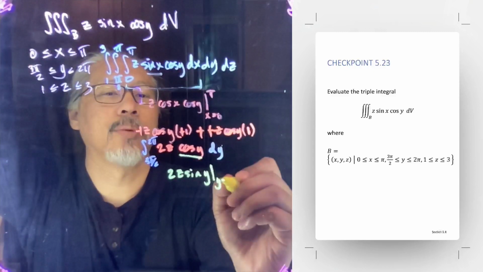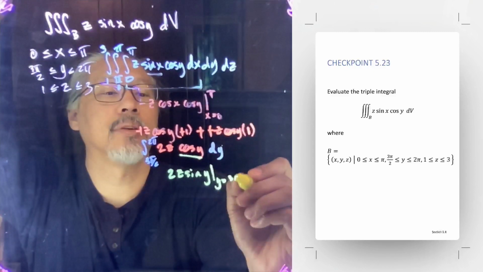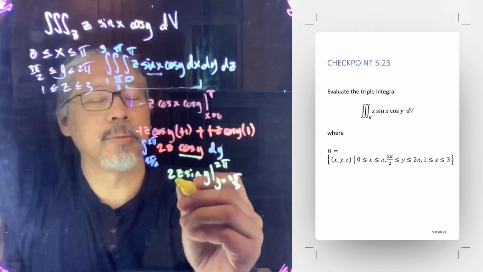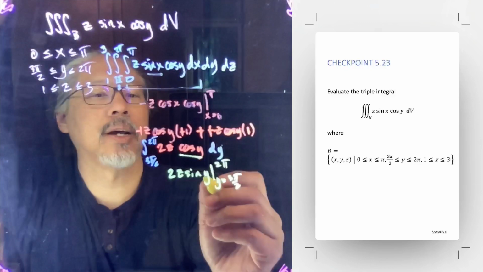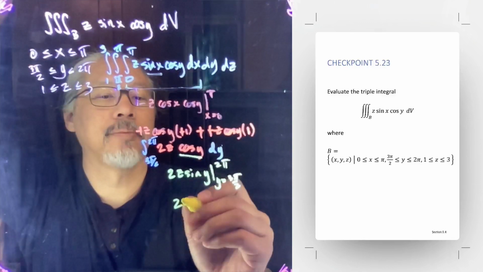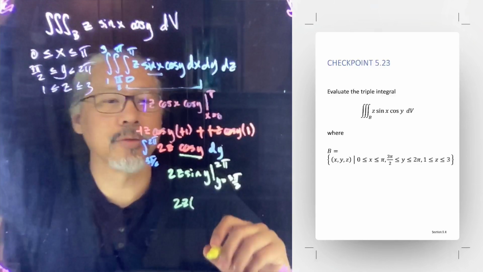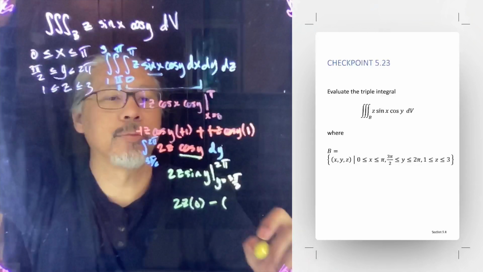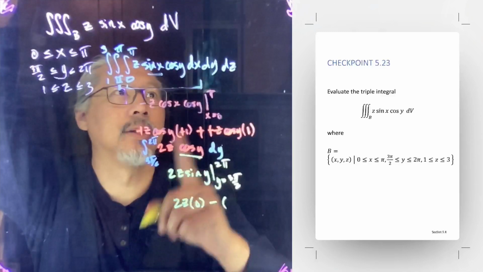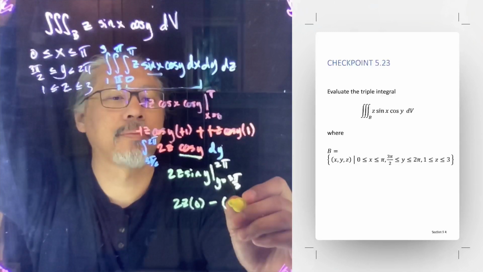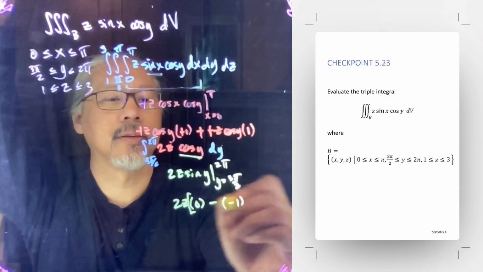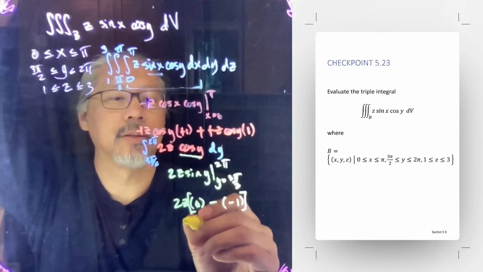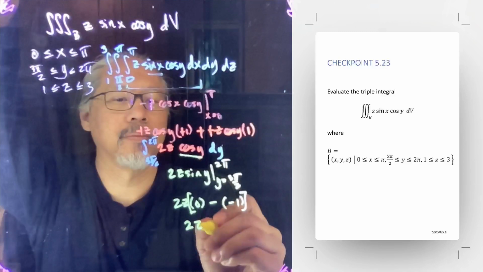And we'll evaluate y from 3 pi over 2 to 2 pi. 2z is constant. So if we put 2 pi for sine, we're going to get 0 minus, and if we put 3 pi over 2 for sine, we're going to get negative 1. And so this will be positive 1 times 2z, and this will just give us 2z.